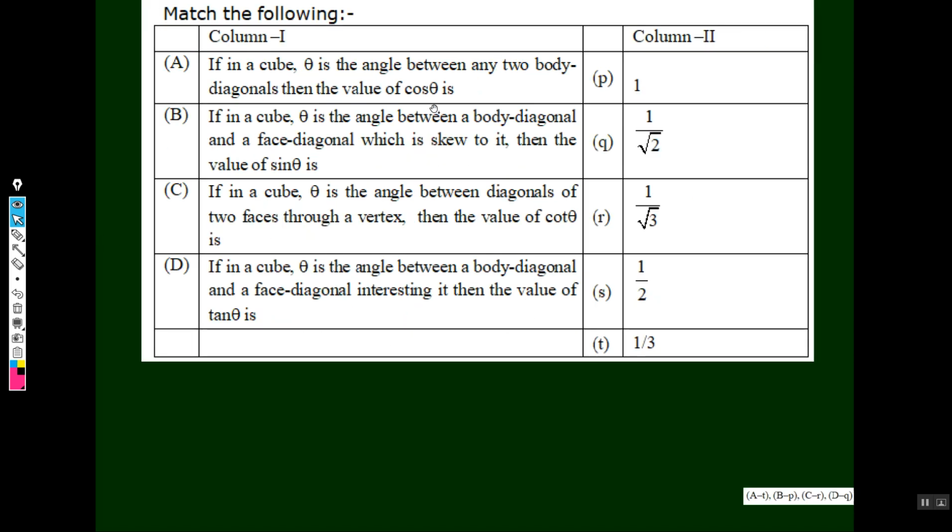If in a cube theta is the angle between any two body diagonals, then the value of cos theta is, that's the diagram I have shown in the beginning. I'll open up the diagram. Just a moment, please.